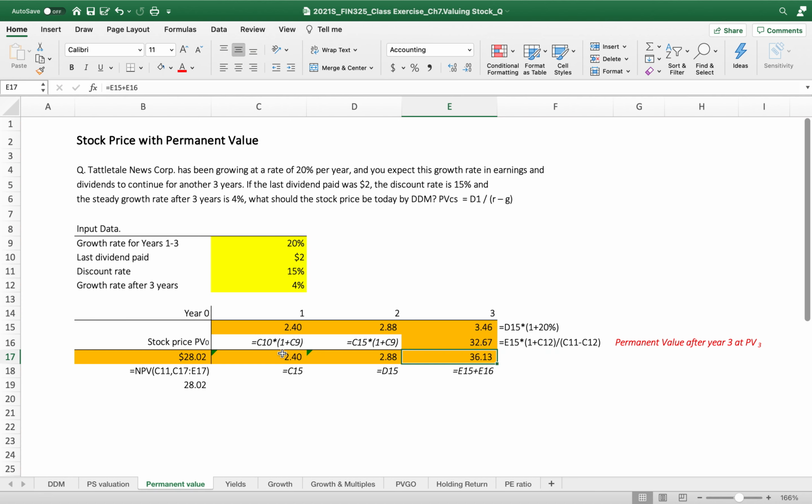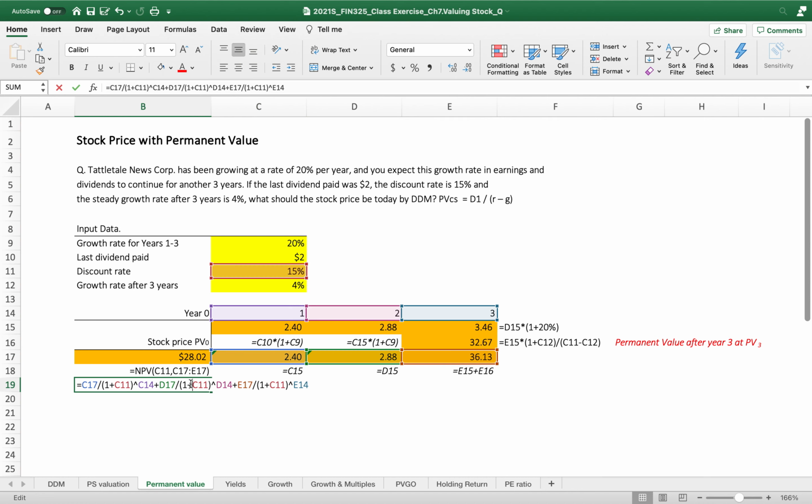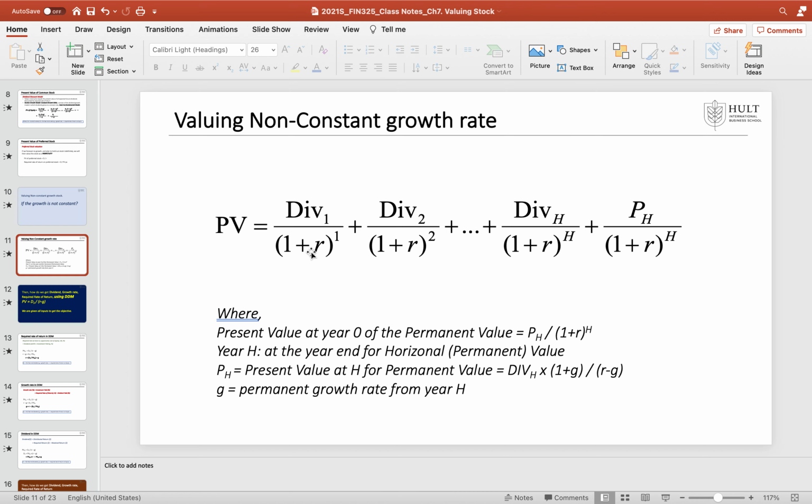Then all these future cash flows combined should be discounted by this discount rate of 15%. So we got this stock price of $28, or you can calculate it in this way. That is this equation.